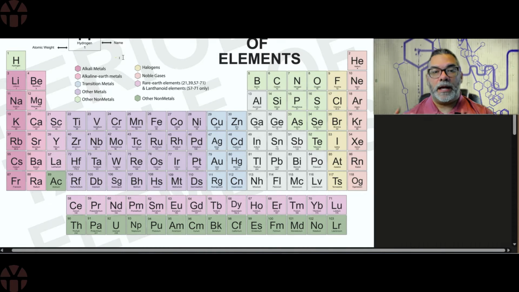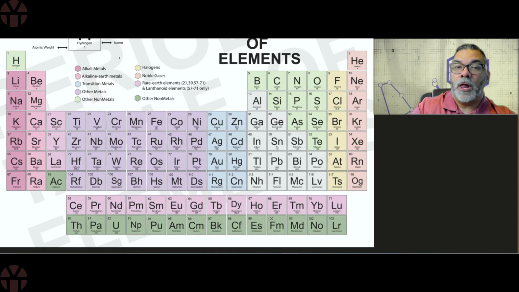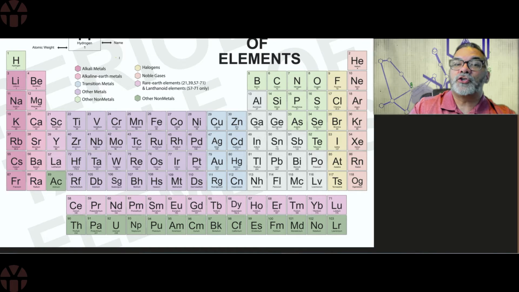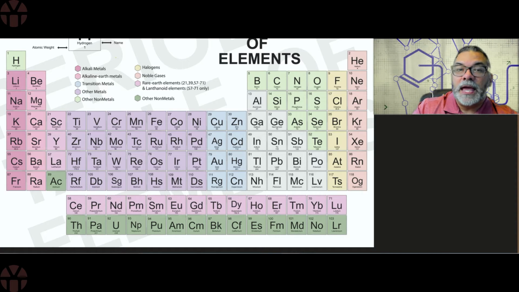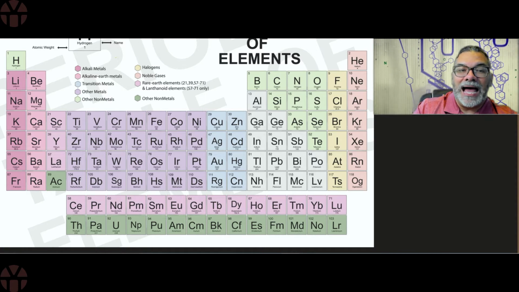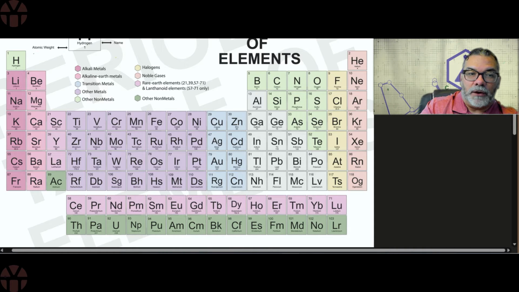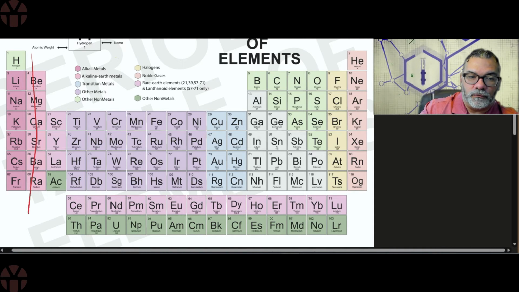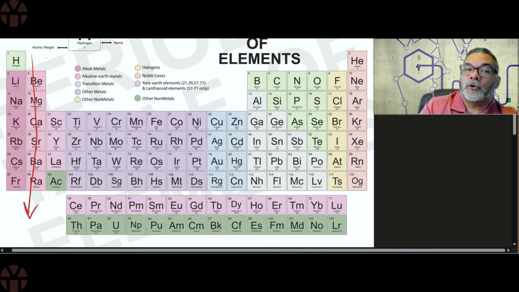And so in order to help me, what I'm going to tell you right now is that when we talk about atomic radius, the trend, in other words, the general rule of thumb, is that as we go down the periodic table, as I travel down a group, the atoms increase in size.